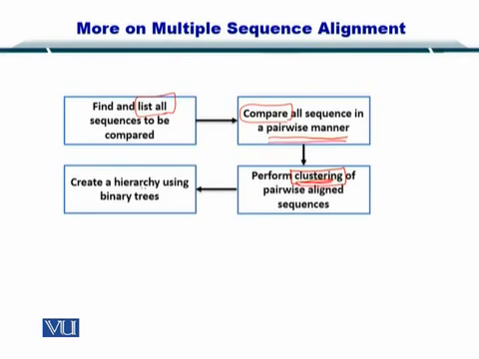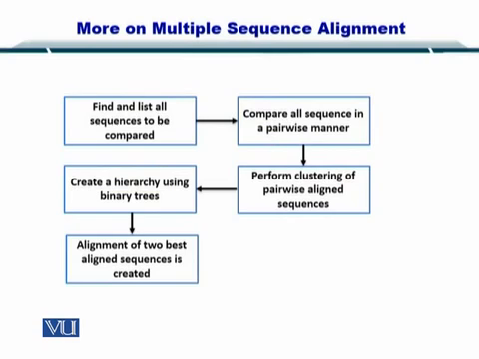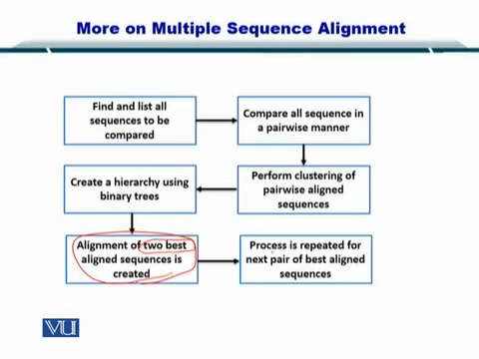Next, using this clustering information, you create a hierarchy using binary trees, or simply something like this. Next, you align the 2 best sequences and you keep them with you, and you repeat the process for the next pair of best aligned sequences.